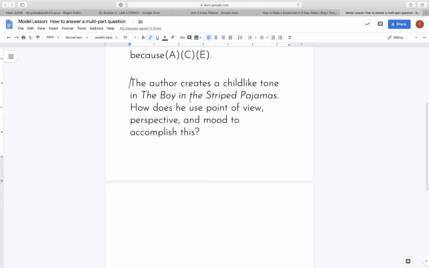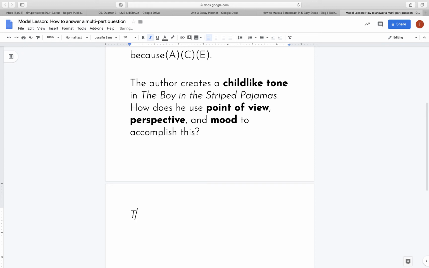Well, first, we have to restate the question, and then we have to address how he used point of view, then perspective, and then we have to talk about mood. And all three of these have to be about how he used them to create a childlike tone. So, how do I set it up? Well, we start off by restating the question with the answer.